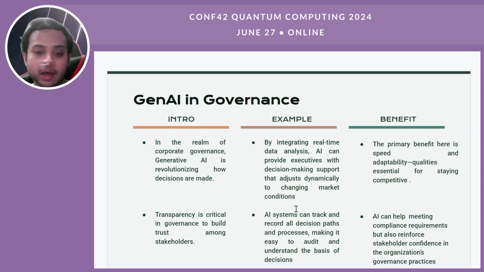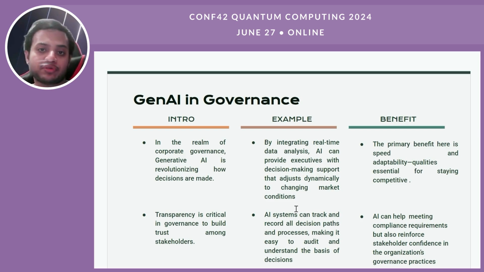For instance, AI can automate the monitoring of compliance with corporate policies and regulatory requirements, alerting the management to potential non-compliance and governance failures. The benefits of using GenAI in governance include enhancement of corporate efficiency and effectiveness.